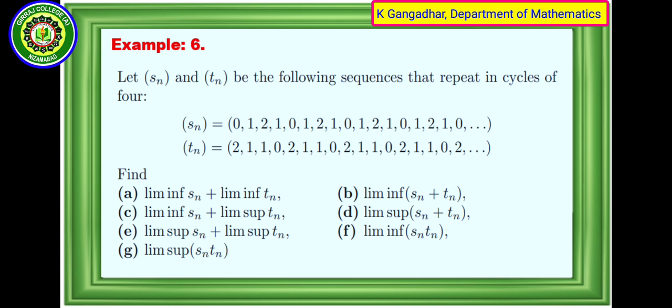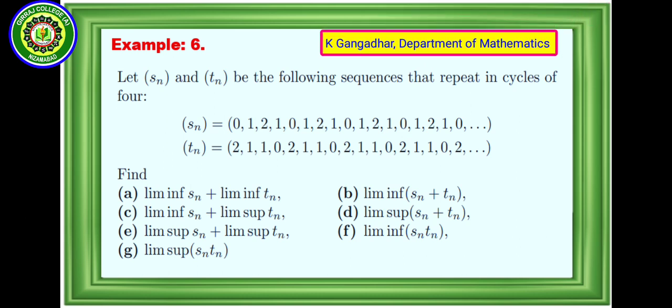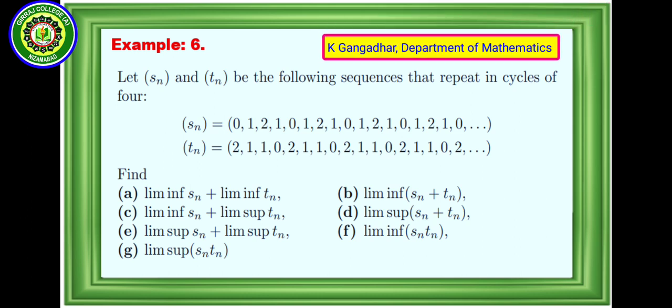So here is one more problem. Let Sn and Tn be sequences, and the terms of Sn are 0, 1, 2, 1, 0, 1, 2, 1, 0, and so on. This is the defined sequence Sn, and the sequence Tn has terms 2, 1, 1, 0, 2, 1, 1, and so on.